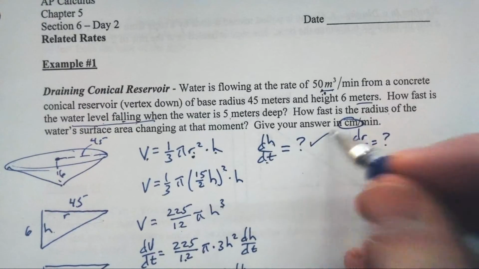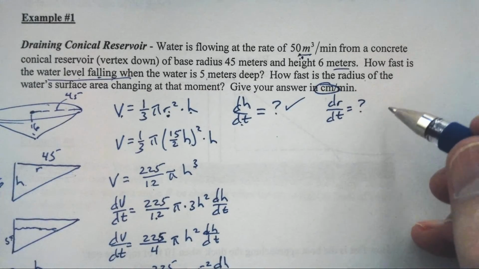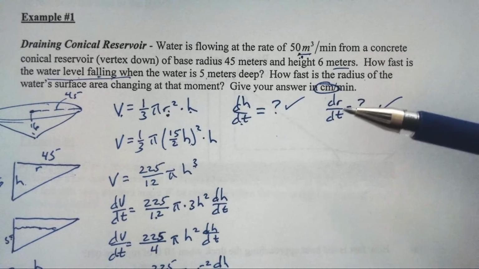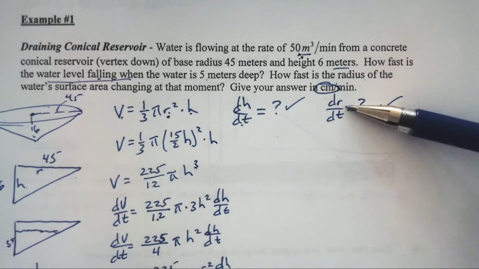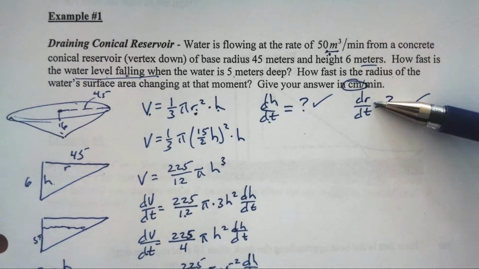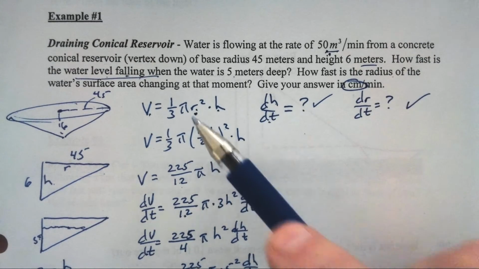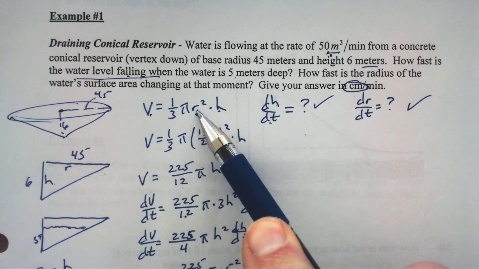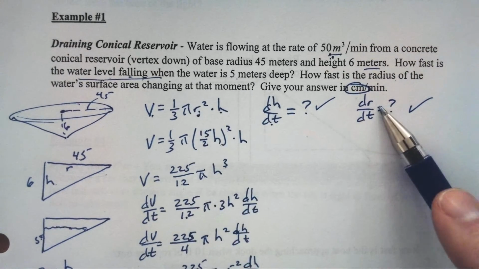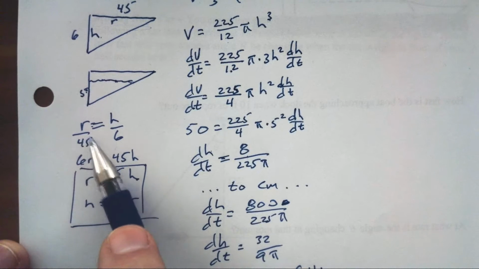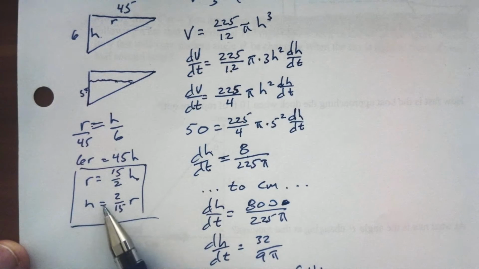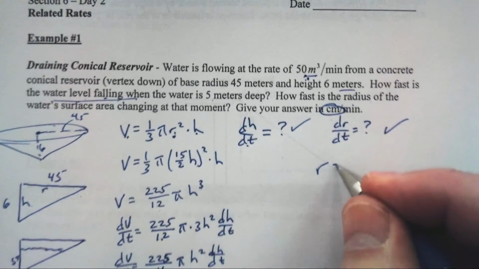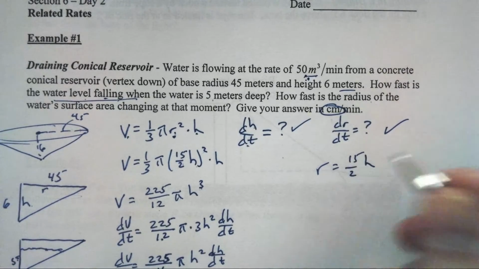So I've got this guy, dh/dt, now. How fast is the radius changing? Well, if I'm trying to find dr/dt, I want an equation with r in it. I've got an equation with r in it right here. I'd like to have an equation solved for r. I could solve this for r. But let's not discount, hey, I've got an equation with r in it right there. Or solve for r right here. Why don't I work with r equals 15/2 h?